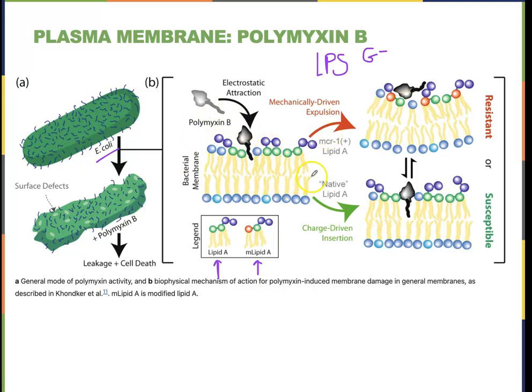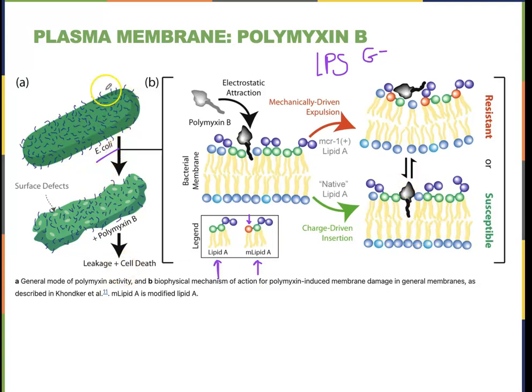So this membrane here, if we look at the two lipid A's, one has a red dot because it's a modified version of lipid A. Through mutation, some bacteria have this modified version of lipid A. If you have the modified version of lipid A, look what happens. The polymyxin B can't insert itself into the phospholipid bilayer. If you have the normal lipid A, polymyxin B drives itself in and disrupts the membrane structure.